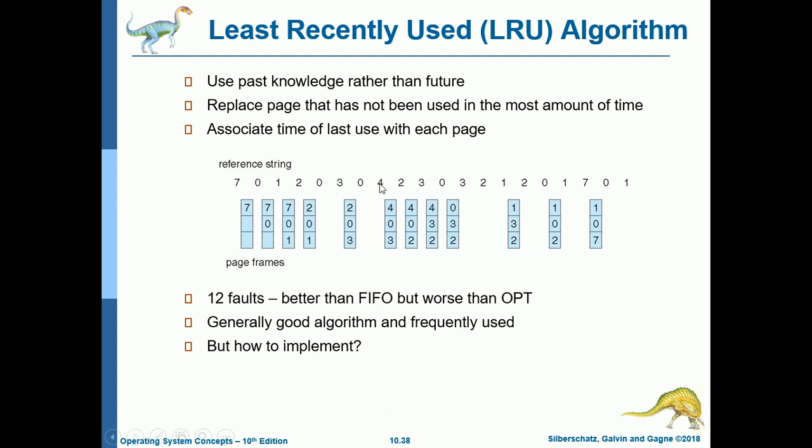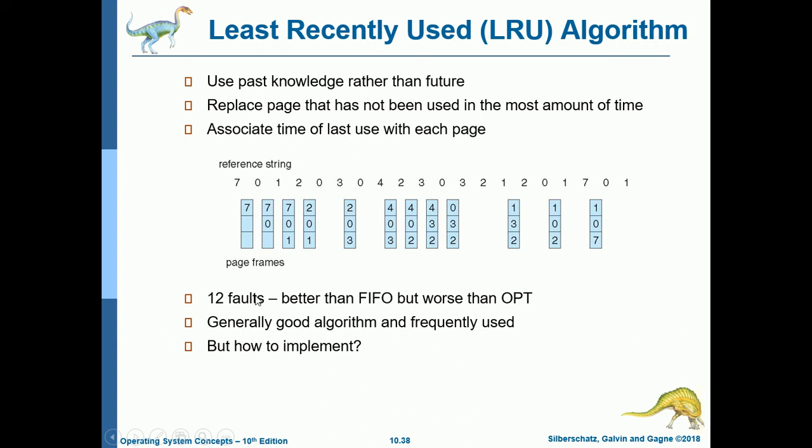So next we have 4. So 203, which of them is the least recently used? Actually, it is 2. That's why you will replace 2 with 4. And then just follow the algorithm for least recently used until you get all the references in the frame.